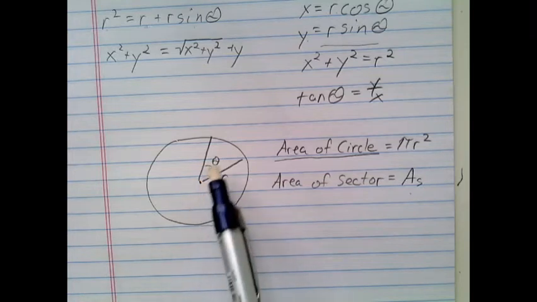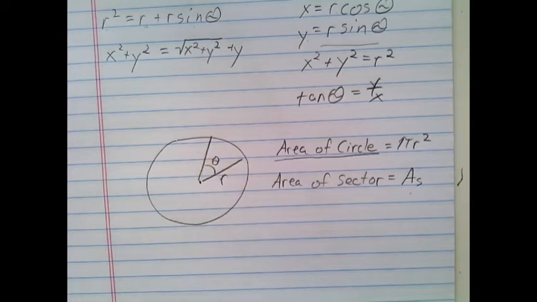Or if I told you that this angle was 90 degrees, 90 degrees is 1/4 of 360 degrees, I think you would expect that the area of the sector would be 1/4 of the area of the circle.